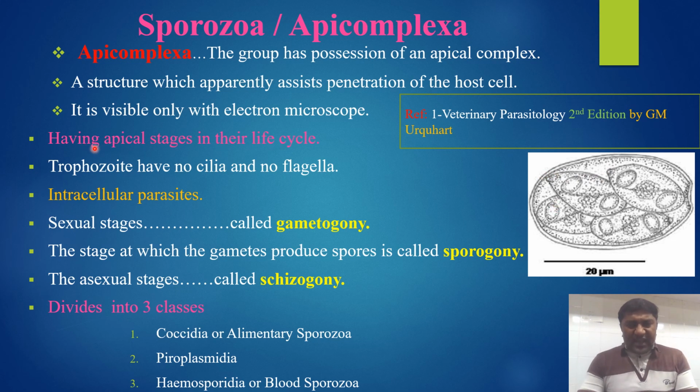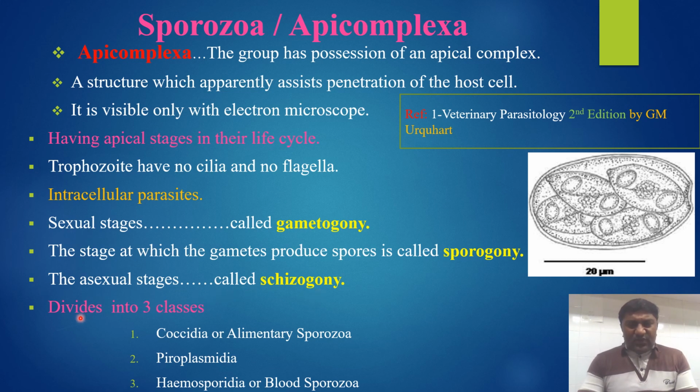Having apical stages in their life cycle, trophozoites have no cilia and no flagella. These are intracellular parasites. The sexual stage in their life cycle is called gametogony, while the stage at which the gametes produce spores is called sporogony, and the asexual stage is called schizogony.